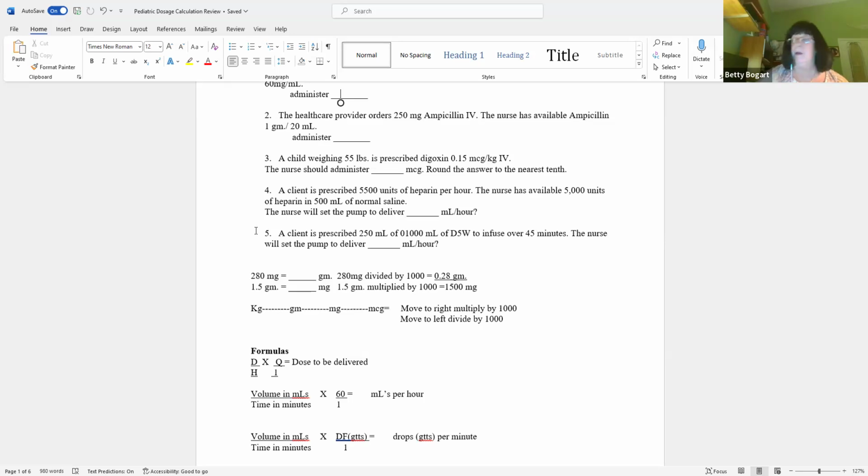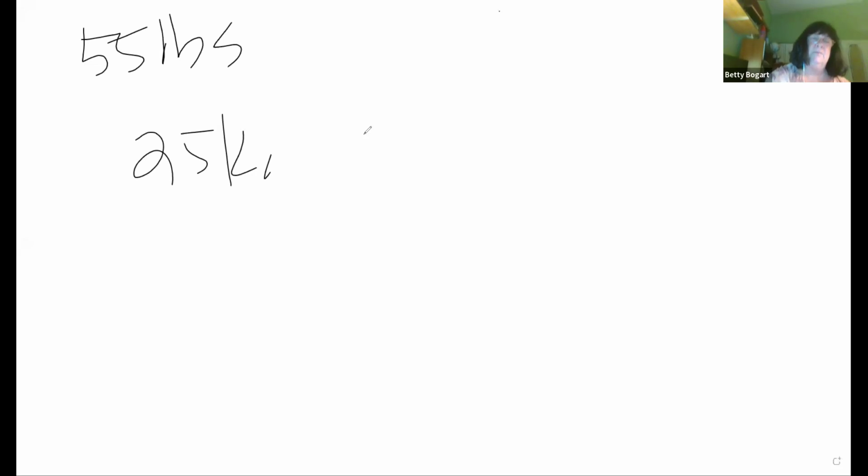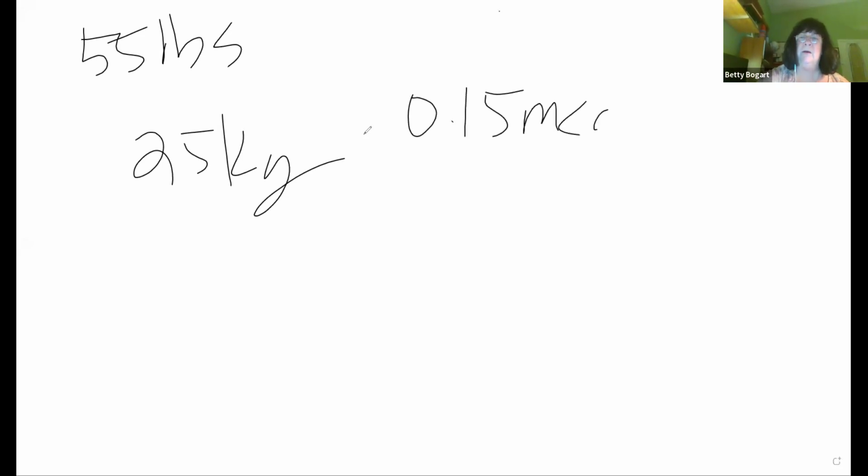0.15 micrograms per kilogram. So we had 55 pounds. We made it into 25 kilograms. And the equation is 0.15 micrograms per kilogram per dose.